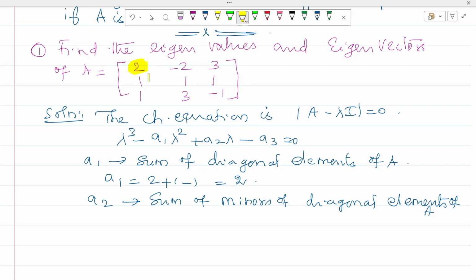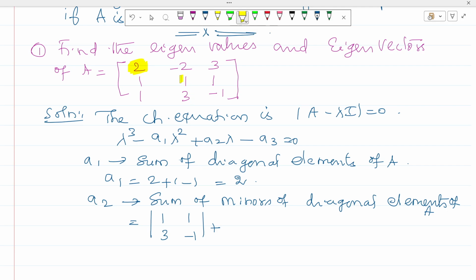Leave that row and column, then we have the determinant |1 1; 3 -1|.